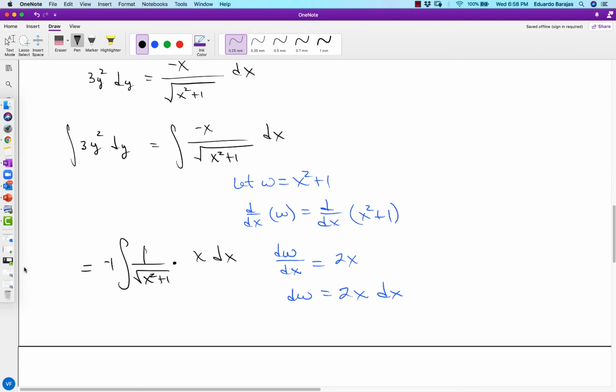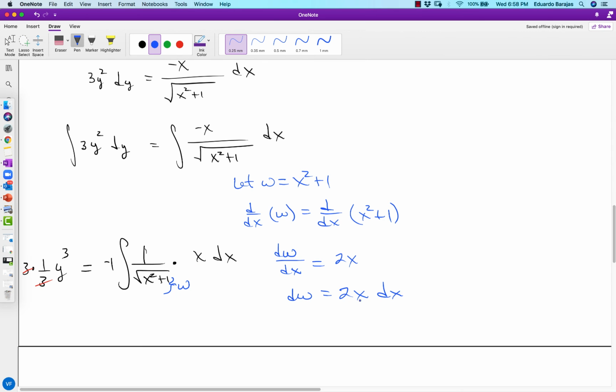And then on the left-hand side, this was 3 times 1/3 y to the third power, right? Which cancels. These guys just give me y to the third power. Okay, now this is almost ready for my substitution. I can see that this portion inside the root will be my w. And I almost have my dw.